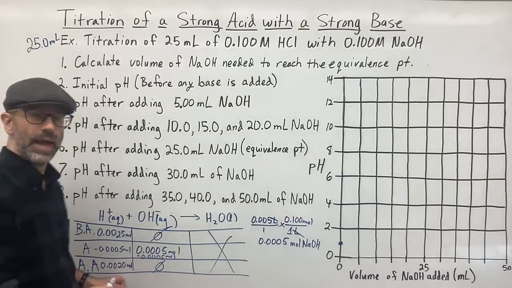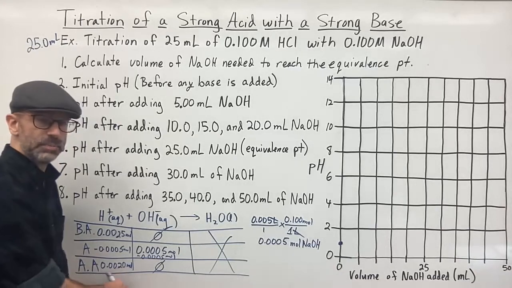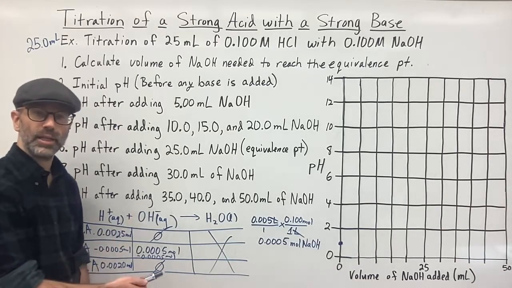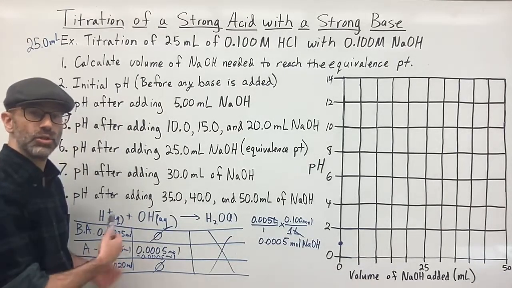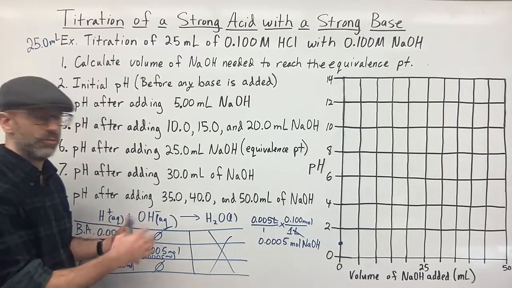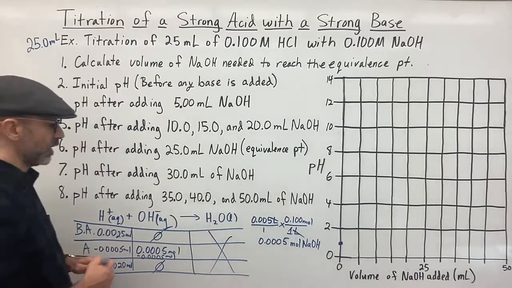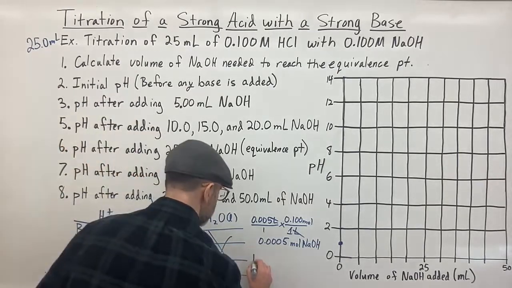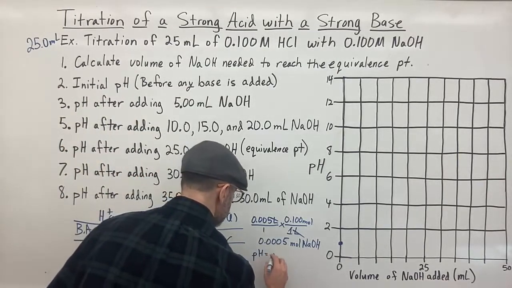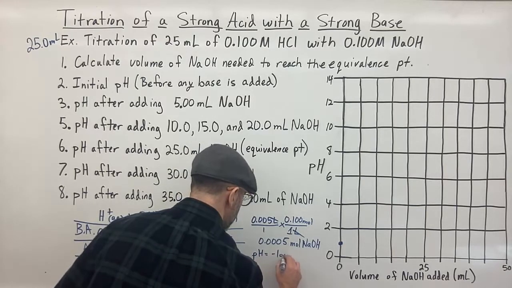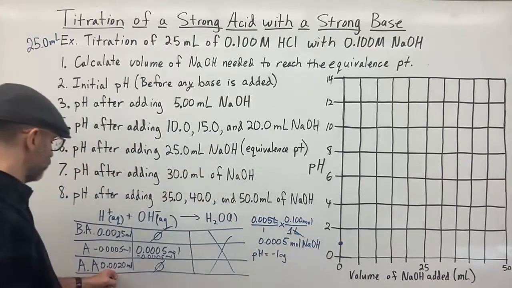So now that we have this as our H plus that's left over, we can calculate the pH of the solution after the reaction of the base. Just like we did before, pH is equal to the negative log of the H plus concentration.